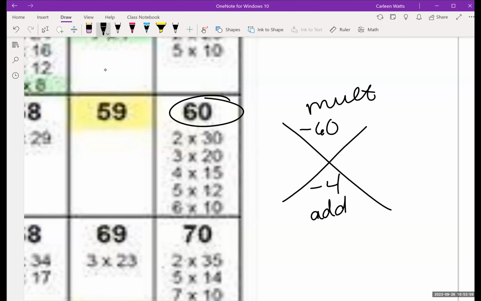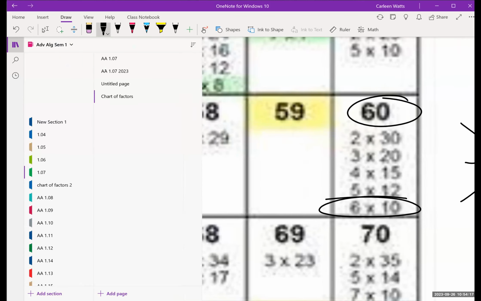All right, ding, ding, ding, right here. So when I add, I want to get a -4, right? -10 and +6. Do you see how that gives me -60 when I multiply, -4 when I add? So -10, +6.